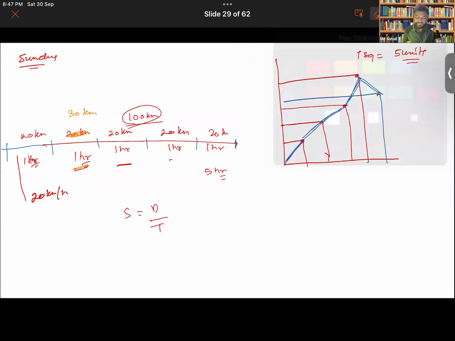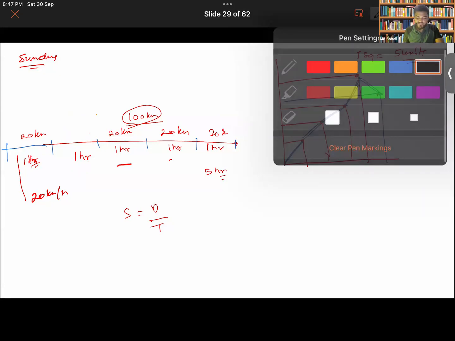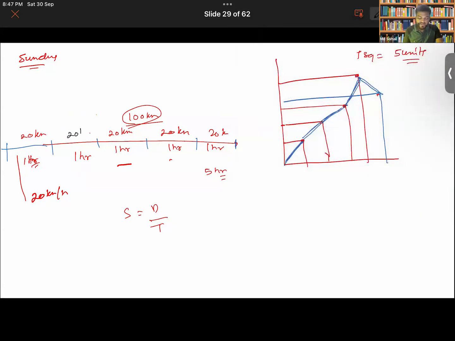Look here, Sundus. I just said that if you were to travel a distance of 100 kilometer, and in each 1 hour you are traveling exactly 20 kilometer, it means your speed must have remained same throughout the journey.